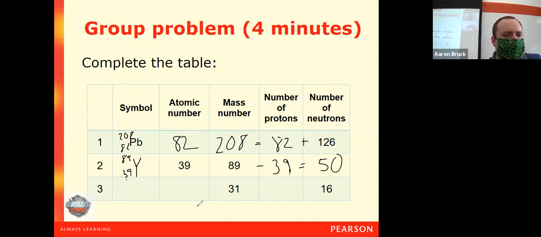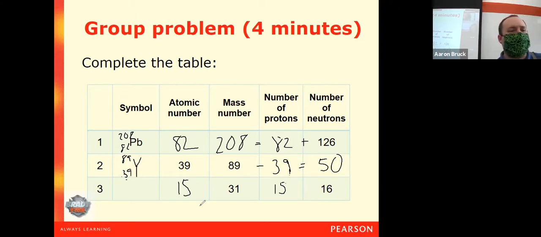Last one, we are not given anything about the atomic number or the protons. We're just given a mass number and a number of neutrons. So we're working backwards compared to the previous one. So mass number of 31 minus 16 neutrons would give me 15 protons. 15 protons means an atomic number of 15.